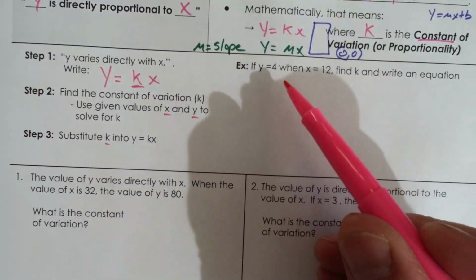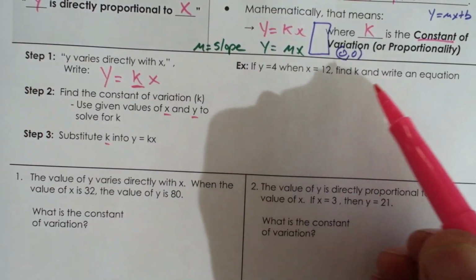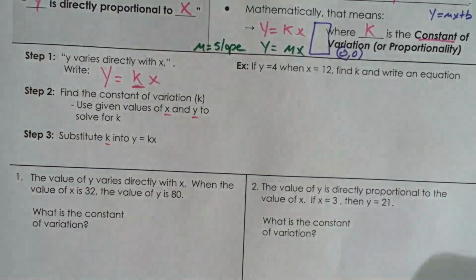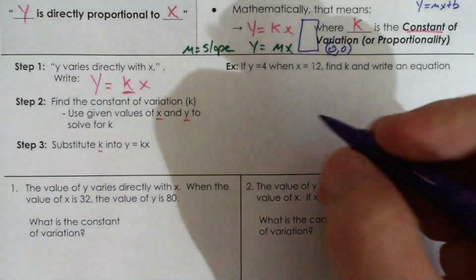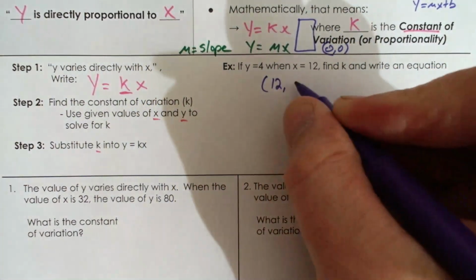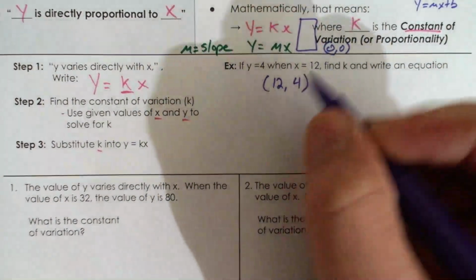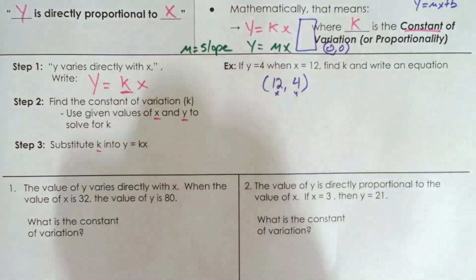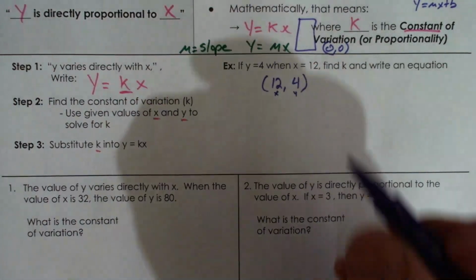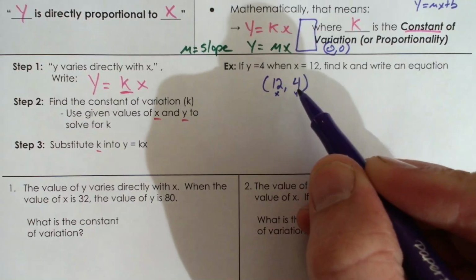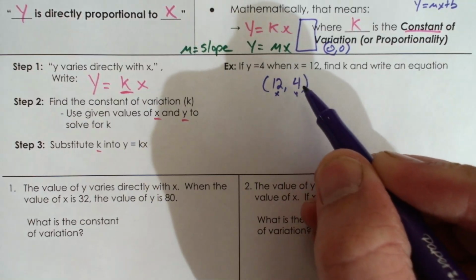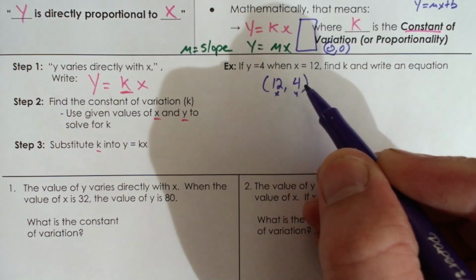If y equals 4 when x is 12, then find k and write the equation. So what this is saying is we have this point, 12, 4, just like your normal xy. And it wants to know what we would have to multiply this 12 by in order to get this 4.